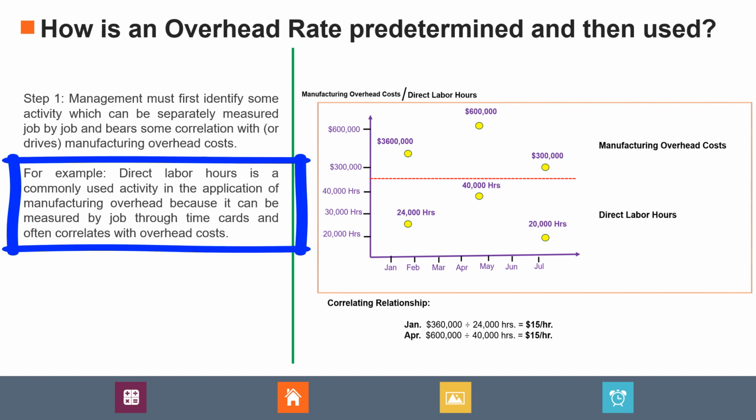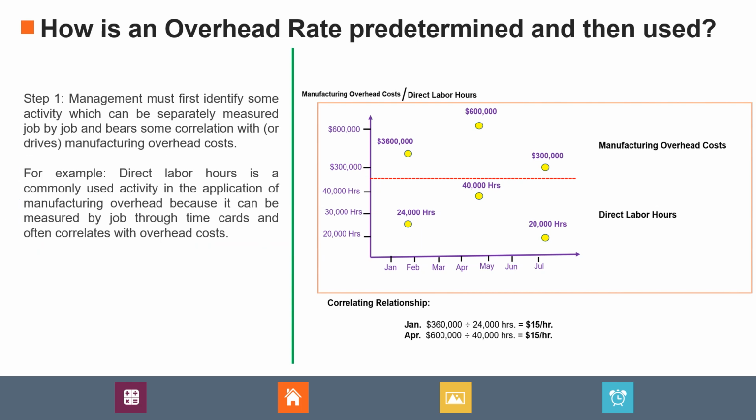For example, direct labor hours is a commonly used activity in the application of manufacturing overhead costs to individual jobs because it is measured job by job through time cards, and it often correlates with overhead costs.